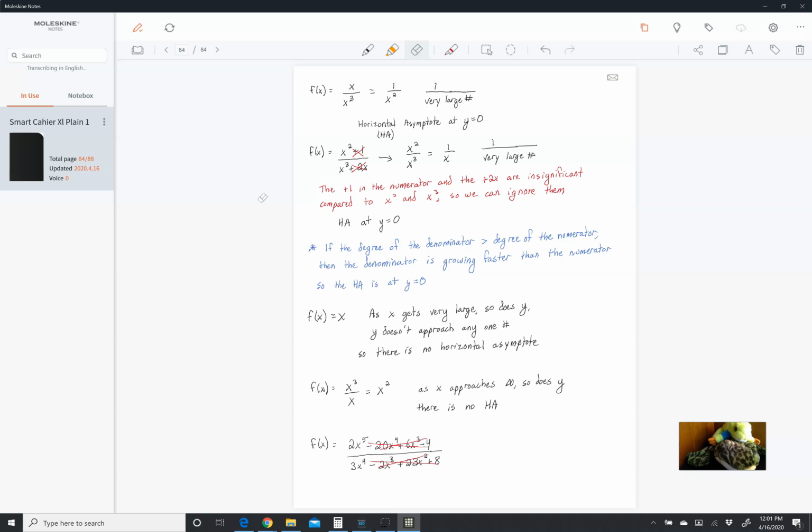So again, the only terms that matter are the ones with the highest power of x, because the others are so much smaller that we say they're insignificant.